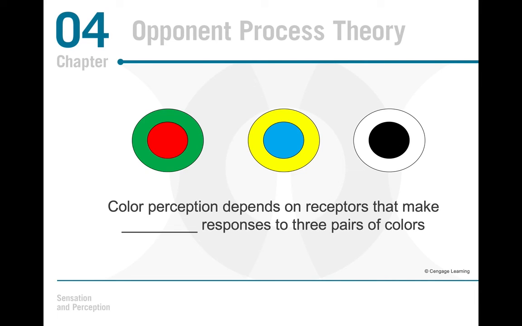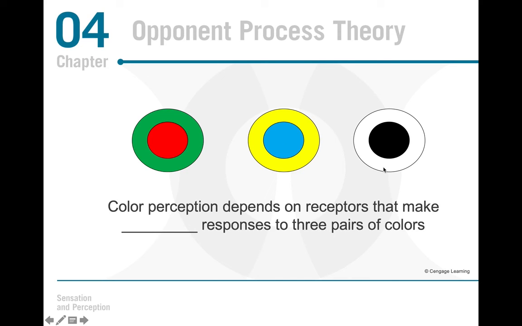The opponent process theory postulates that color perception depends on receptors that make antagonistic responses to three pairs of colors: red versus green, yellow versus blue, and black versus white.